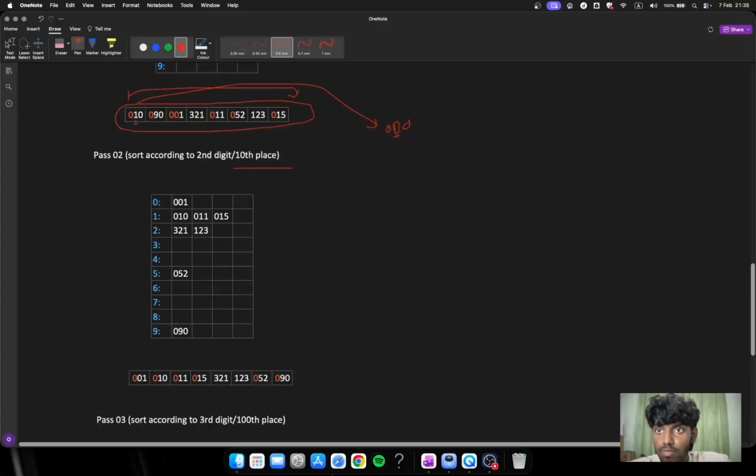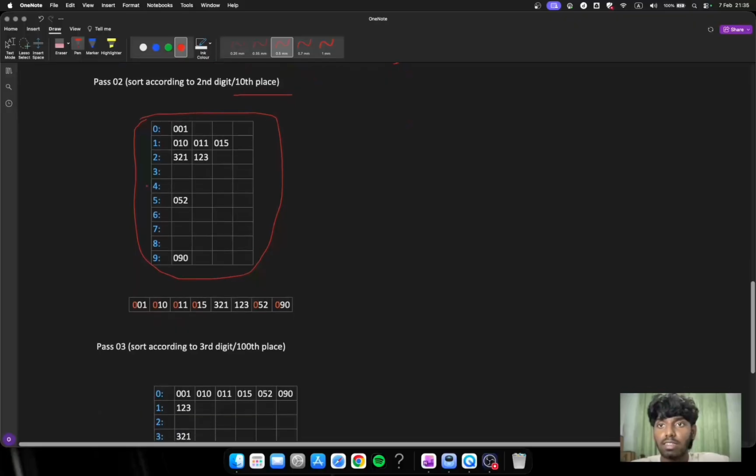In this case we got 1 for the second place, then the 1 goes to the first bucket, you can see, and then 9 goes to the 9th bucket, and then 0, this goes to the 0 bucket, and then the 2 goes to the second bucket, and then this 1 goes to the 1 bucket, and then this 5 goes to the 5th bucket, and then this 2 goes to the second bucket, and then this 1 goes to the first bucket. So now we are done storing the values to the buckets.